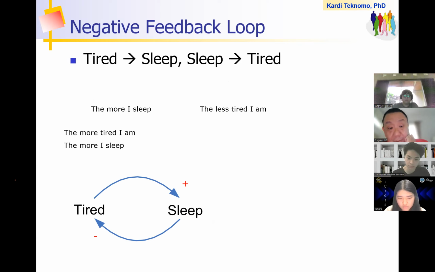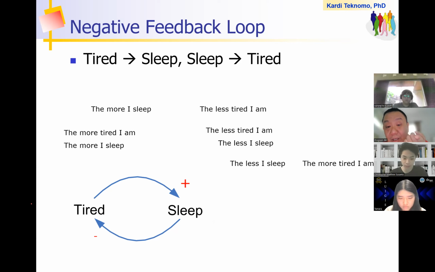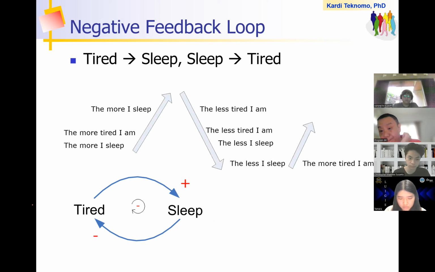Positive multiplied by negative becomes negative, right? So the less tired that I am, the less I sleep, and eventually, the less I sleep, the more tired that I am, right? So this will become a fluctuation, with this negative feedback loop creating a fluctuation. Is this clear?